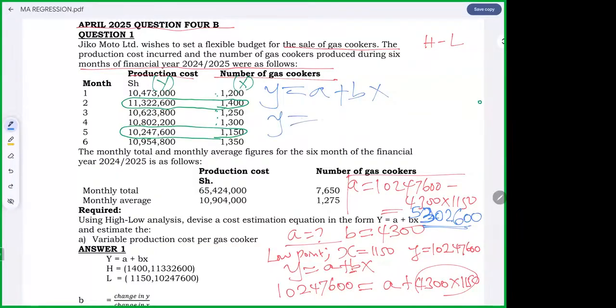So our Y will be equal to A that you guys have just given me as 5,302,600 plus B, you gave it to me earlier on, 4,300 X, like that, plus 4,300X. All right.